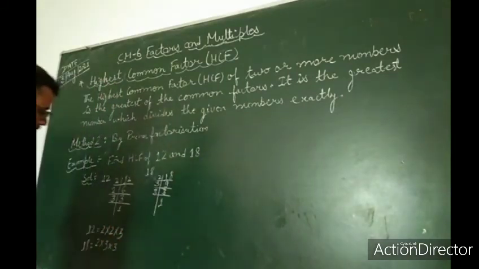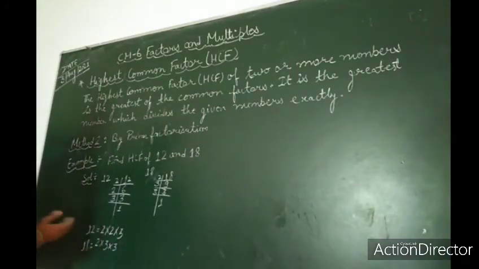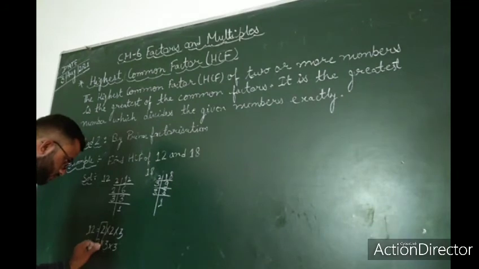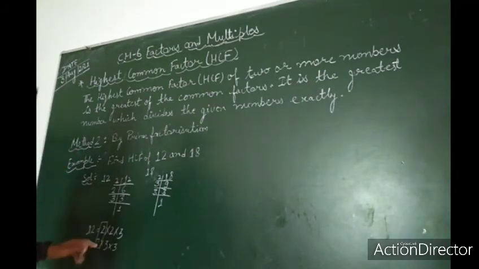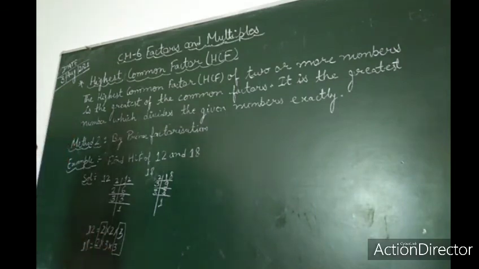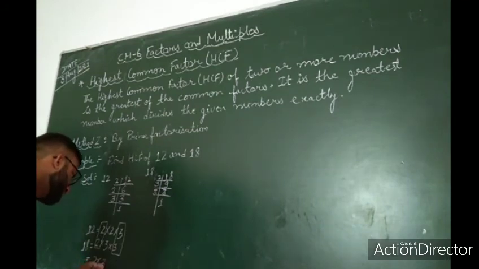Now students, here we find the common factors of 12 and 18. So here we get 2 is a common factor and 3 also. Now we write these two common factors, 2 multiplied by 3.